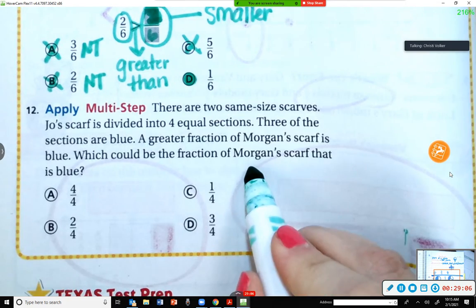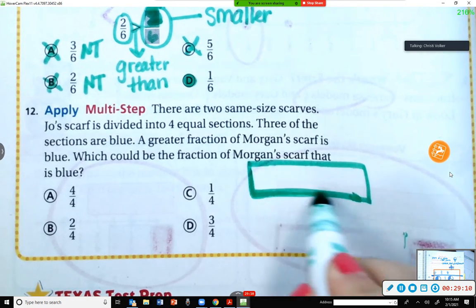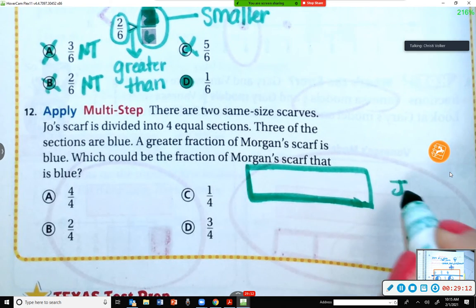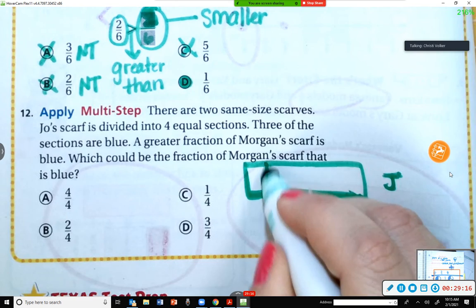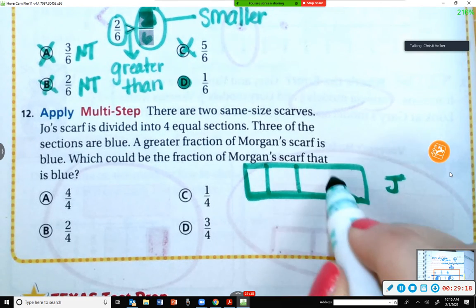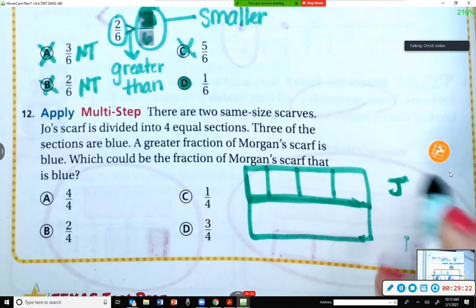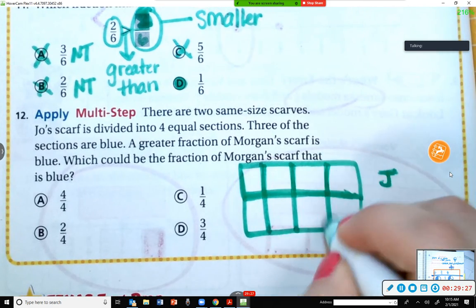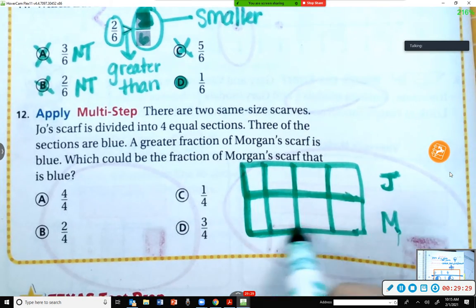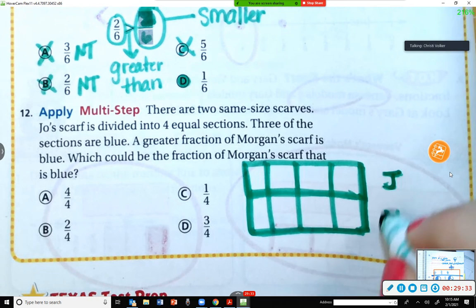Okay, let's draw Joe, and he's got a scarf. It's cut into how many pieces? 4. So I need to try my best to cut it into 4 equal pieces. And then the same thing for Morgan. Okay, and I labeled it with the J and the M for Joe and Morgan.